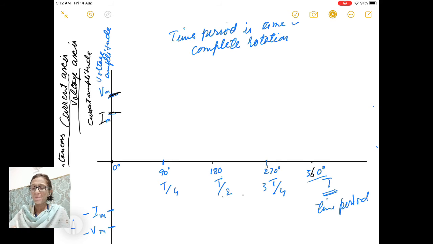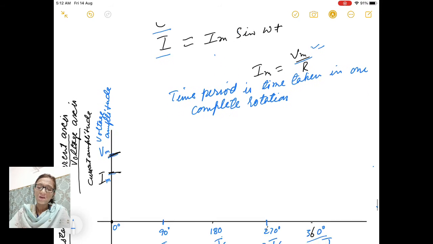So in one complete rotation of the coil, it is rotated through a 360 degree angle. Now we graduate the x-axis at equal distances and part the distances by 90 degrees. So here we have the x-axis graduated in terms of time period and also in terms of angle.